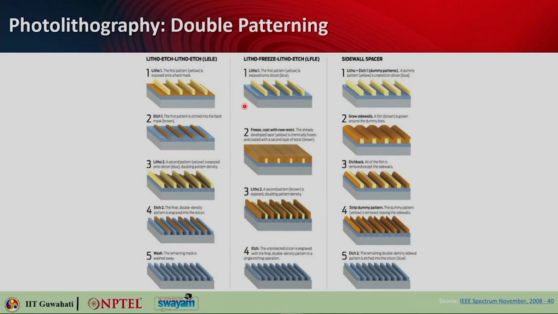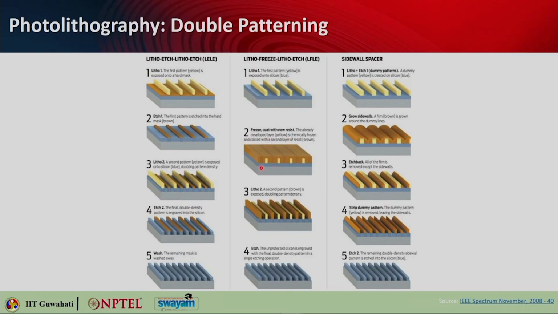The second one is called the litho freeze litho etch technique, LFLE. Here also the first step looks similar. You have a litho 1 step. The first pattern, which is shown in yellow, is exposed onto the silicon, that is the blue one here. And then you do the freeze step, where you coat with a new resist.